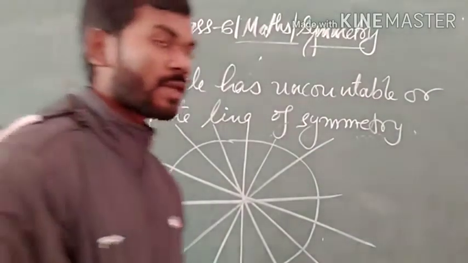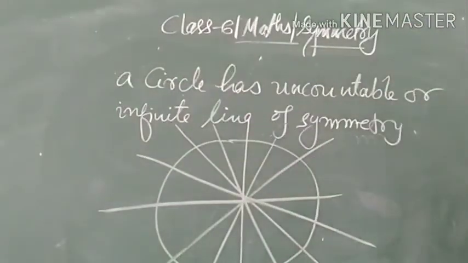But there are also some figures which have no line of symmetry. So let's see what they are.